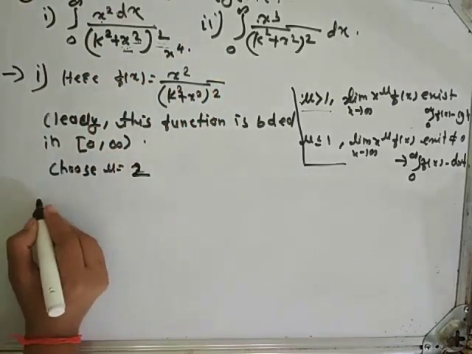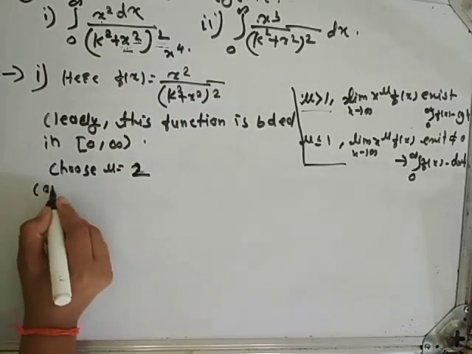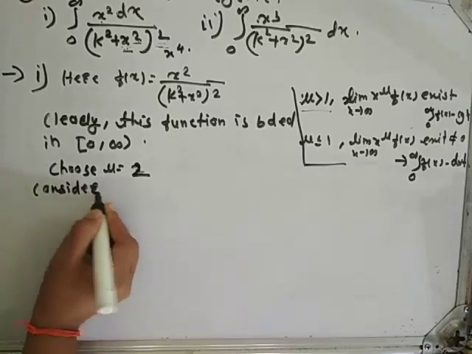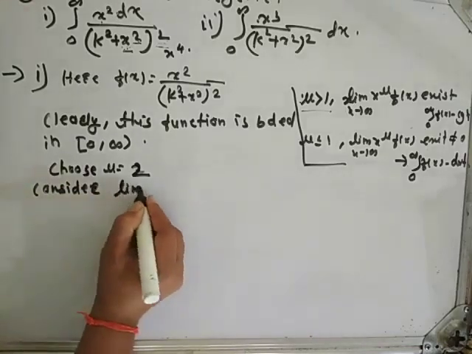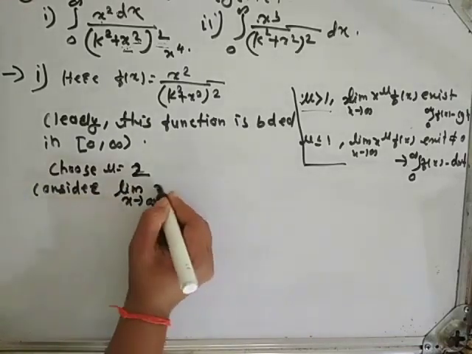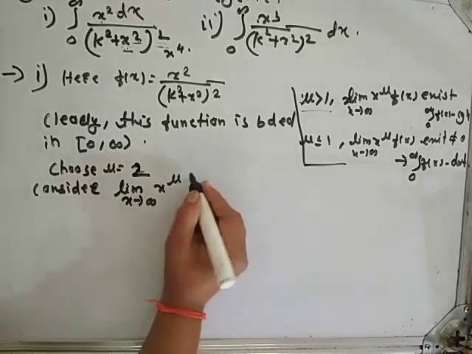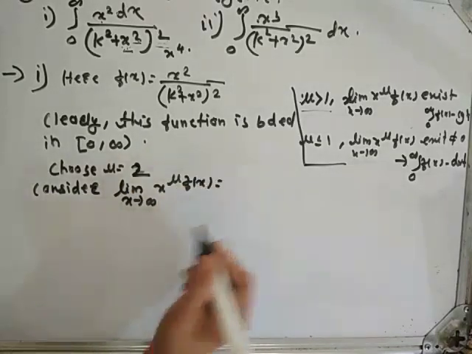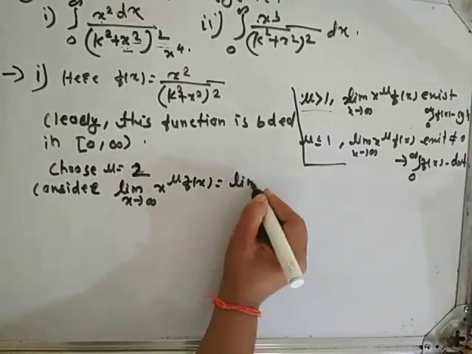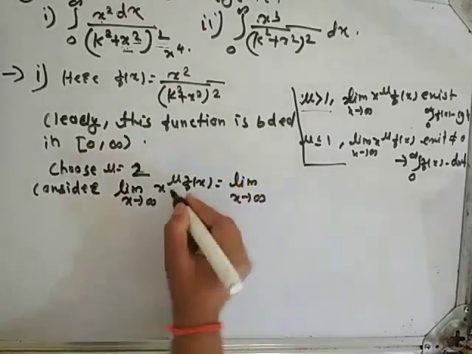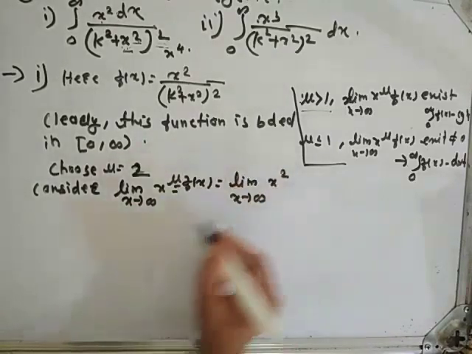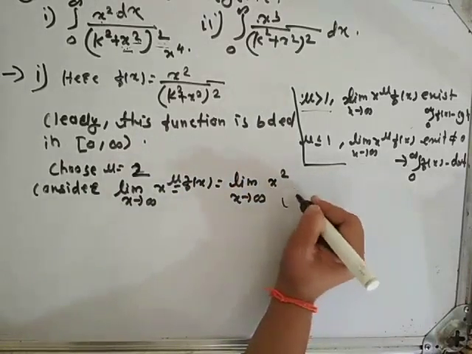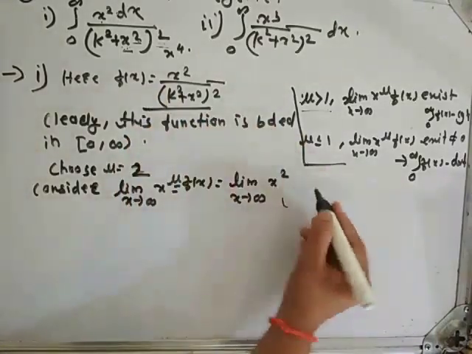Next, consider limit x tends to infinity, x raised to mu f of x, which is equal to limit x tends to infinity, x raised to mu means x square into f of x. Here f of x is this.